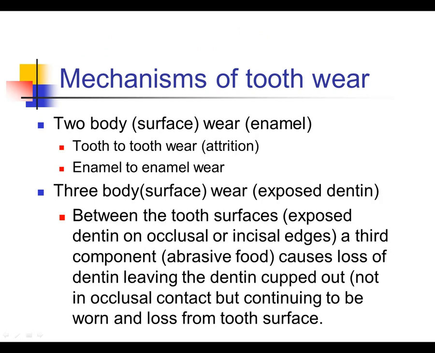It's no longer enamel against enamel, but rather the abrasive food particles causing loss of dentin, causing the dentin to be cupped out. In fact, if you were to check occlusion, you'd see no occlusal contact on the dentin, but you'd see it on the enamel. It continues to progress until eventually we lose tooth mass, tooth occlusion, and we see supereruption of teeth or shortening of teeth.